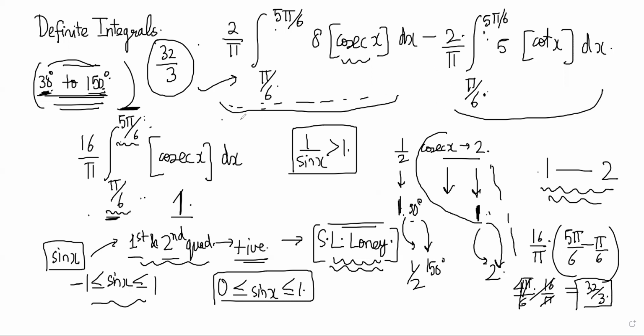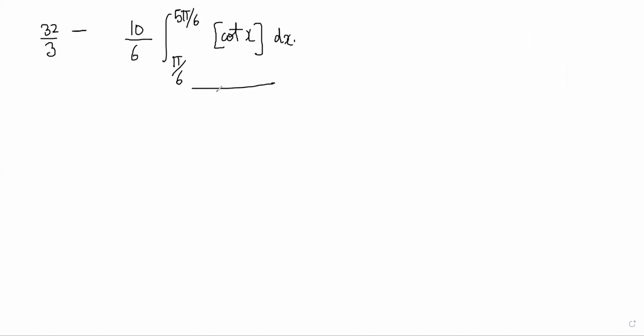This time I have to subtract 10 by pi times the GIF of cot x over the same interval. So I have 32 by 3 minus 10 by pi times the integral from pi by 6 to 5 pi by 6 of GIF of cot x, right? Now think about it: we have to analyze cot x also in a similar manner.